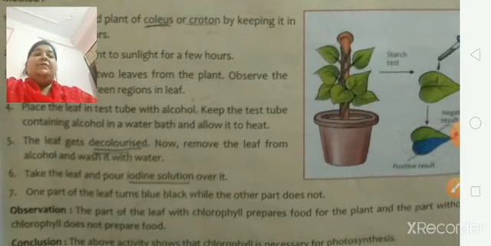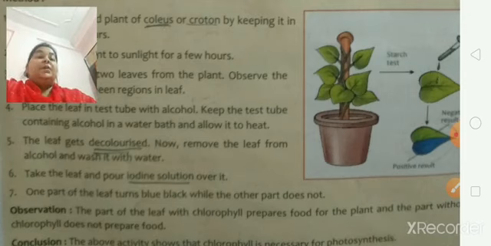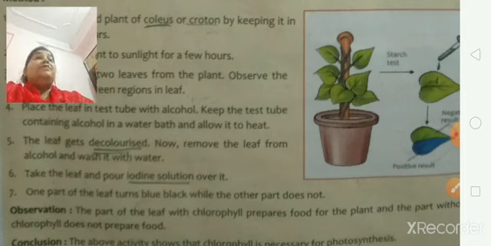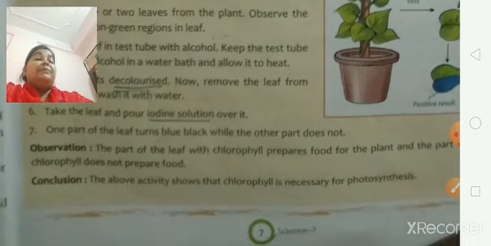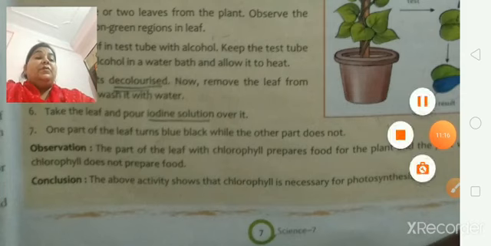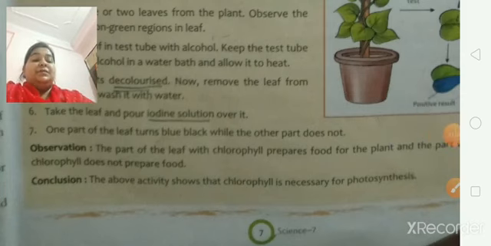If we remove the leaf from the alcohol, wash it with water, and pour iodine solution over it, we will observe that the part of the leaf having chlorophyll prepares food for the plant, but the part without chlorophyll does not prepare food. Does it conclude from the activity that chlorophyll is also necessary for photosynthesis? I think this is very clear to you.